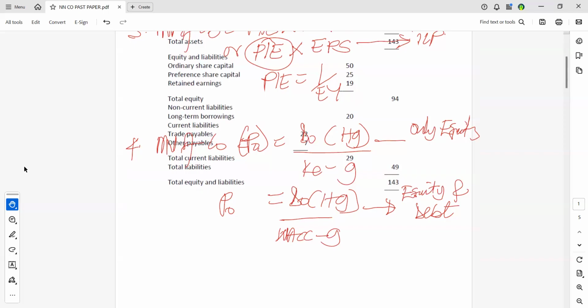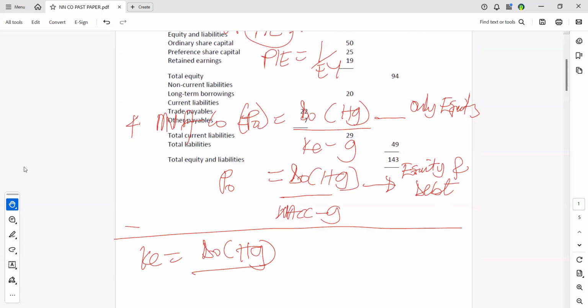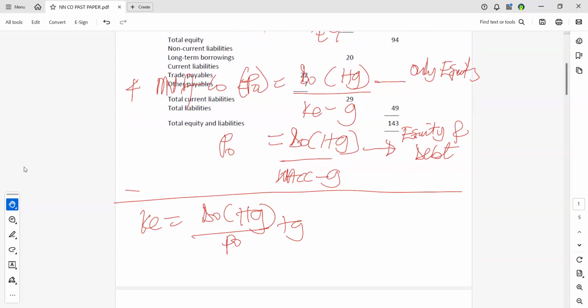Ke is calculated as, there are two different things, right? What you are talking about is the calculation of Ke, which we say is D0(1+g) over P0, plus g. This is where we add the plus g. But it is this same formula that we have made a change of subject, to say let's make P0 stand on its own, which is the share price.